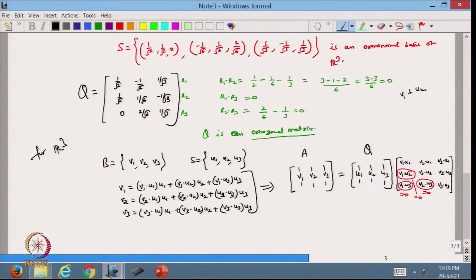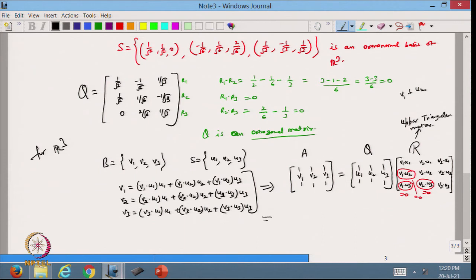So if you see from here, all these values will be there, but those values will be 0. And it is a 3 cross 3 matrix. So I can call this matrix R, and I can know from here that this is an upper triangular matrix. Because here it is V2 with U1, no problem, V2 with U2, no problem. So these can be some values, but this value will definitely be 0. So this matrix is called the upper triangular matrix.